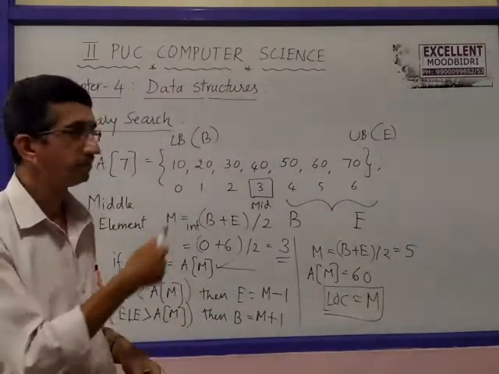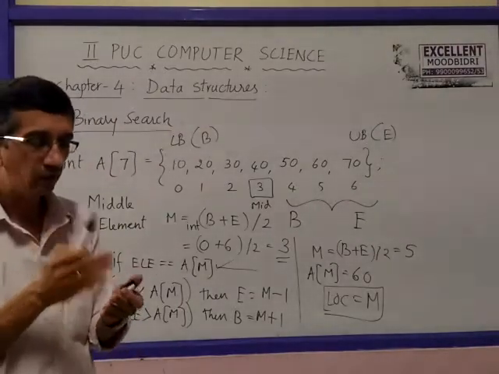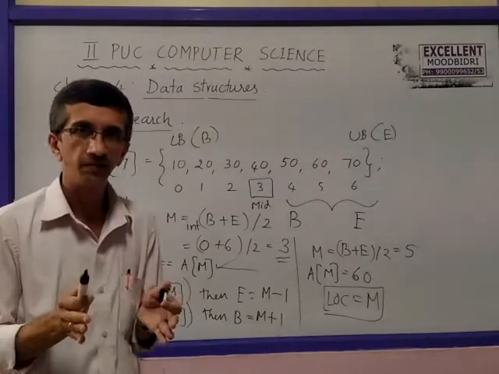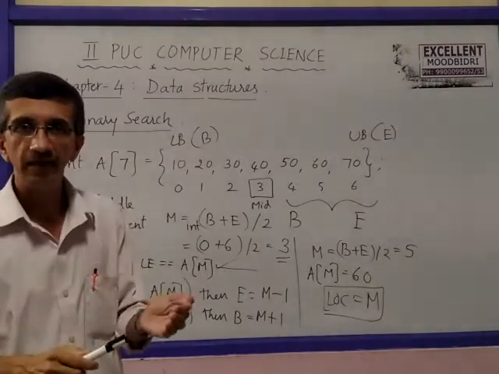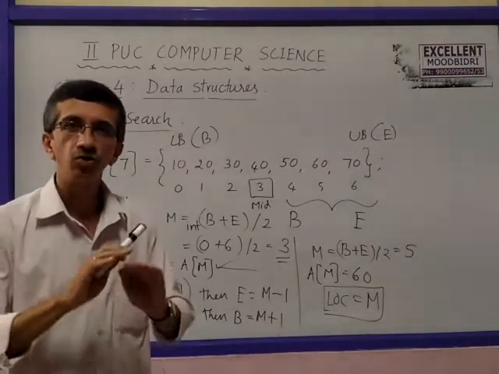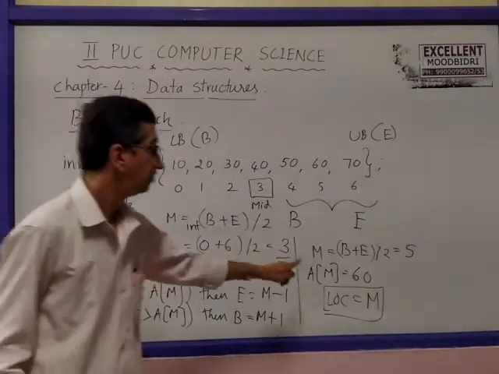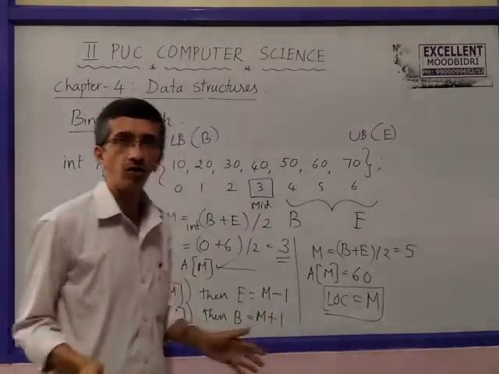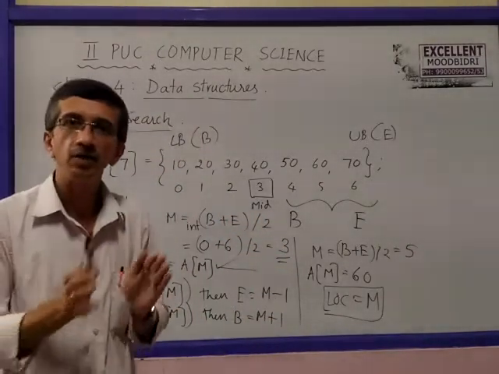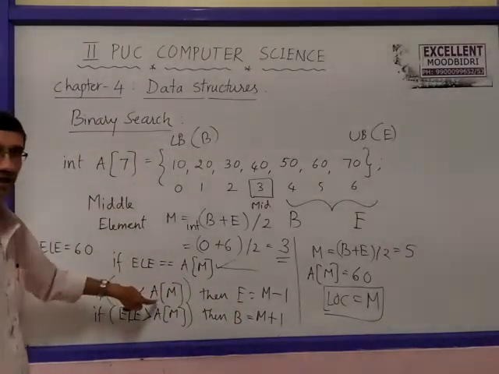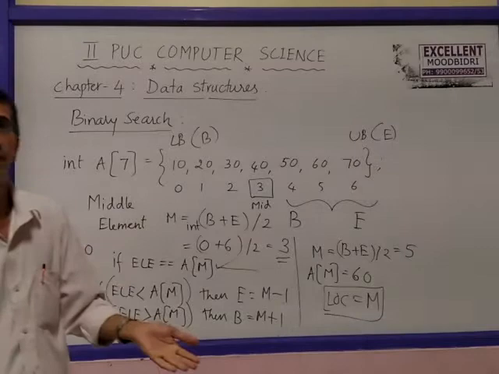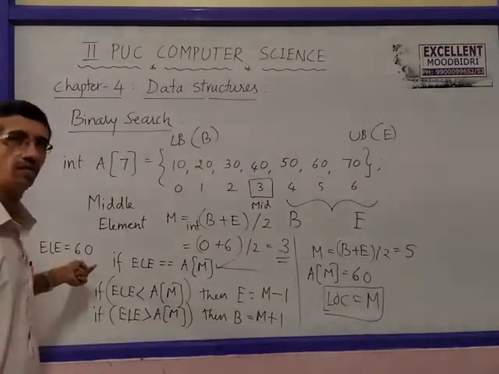So all this process of dividing the array into two halves, finding the mid item, comparing the search item with the mid item, and if it matches, stopping the search and noting the mid location. If not, search the item in the lower half in case the search item is less than the mid item, or in the upper half in case it is more than the mid item.